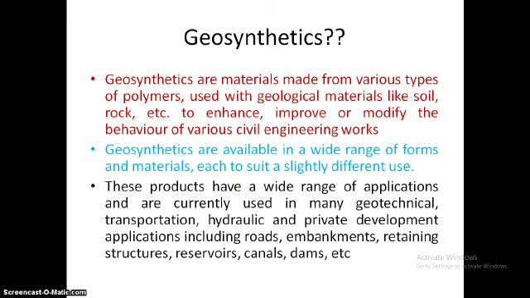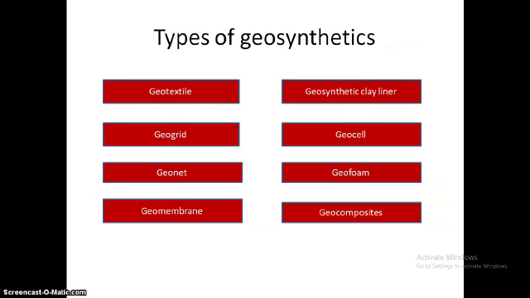These products have a wide range of applications and are currently used in many geotechnical, transportation, hydraulic and private development applications, including roads, embankments, retaining structures, reservoirs, canals, dams, etc. Types of geosynthetics.